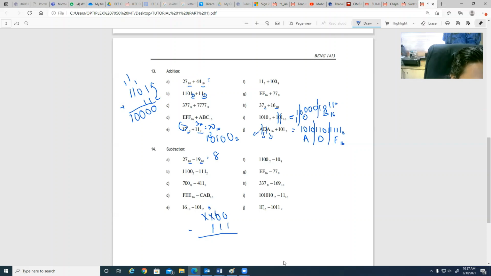Then it will be 0, and then cannot bring here, so it will be 1. So the answer will be 101. So this is the answer for question B.